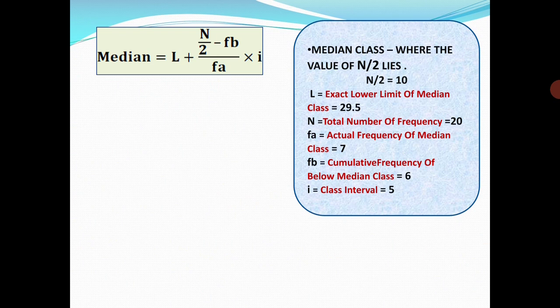Now we have all the values: n by 2 equals 10, L equals 29.5, FA equals 7, FB equals 6, and I equals 5.